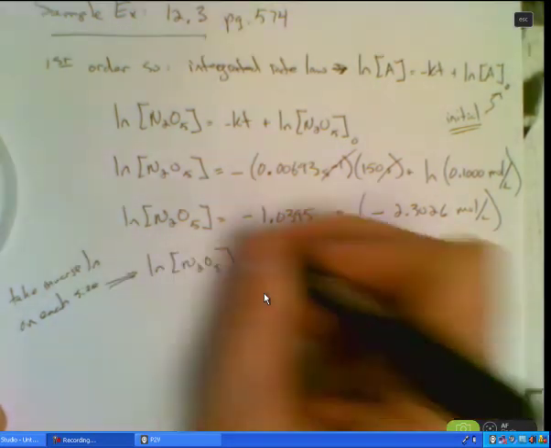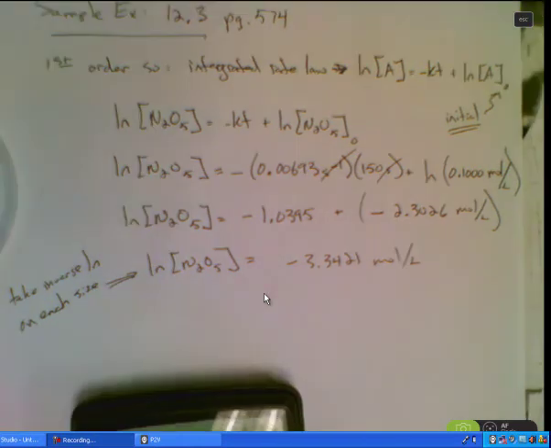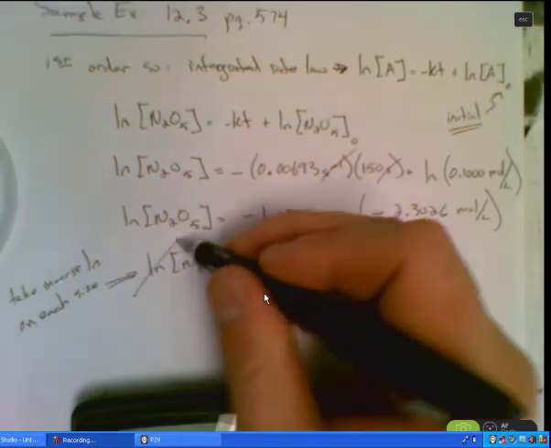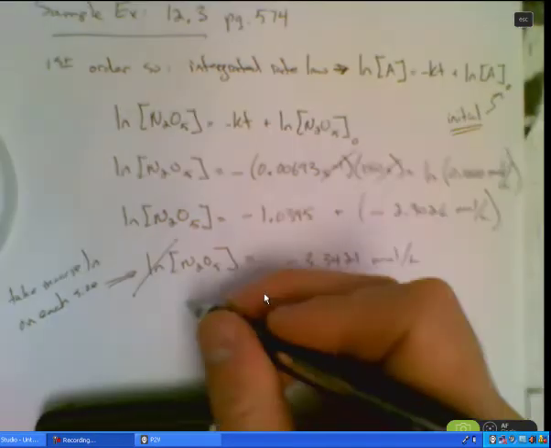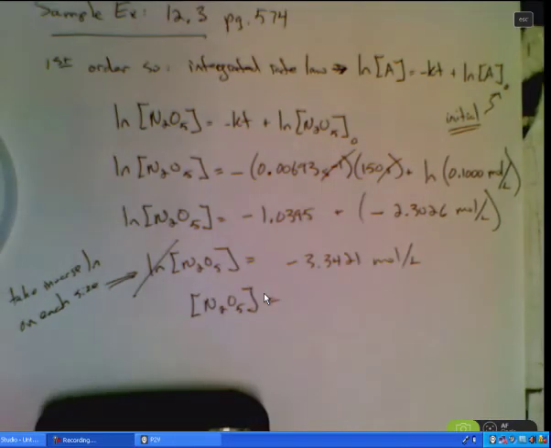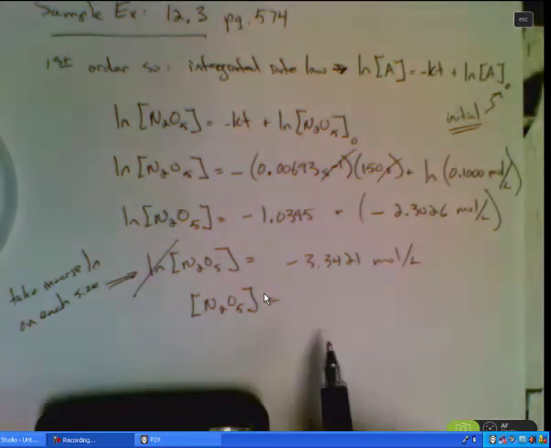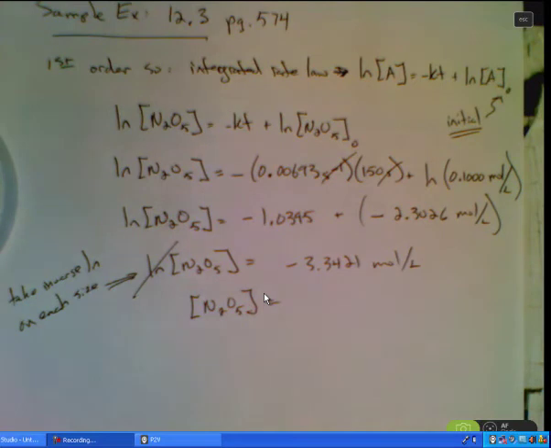If you had a square root here, you'd square both sides. So the inverse basically cancels out the natural log here. So we have the concentration of N2O5 equals the inverse natural log of negative 3.3421.